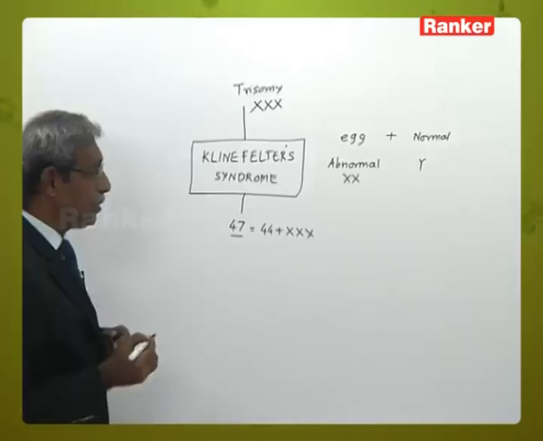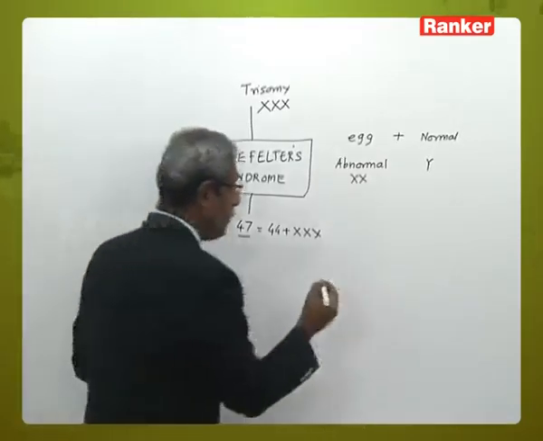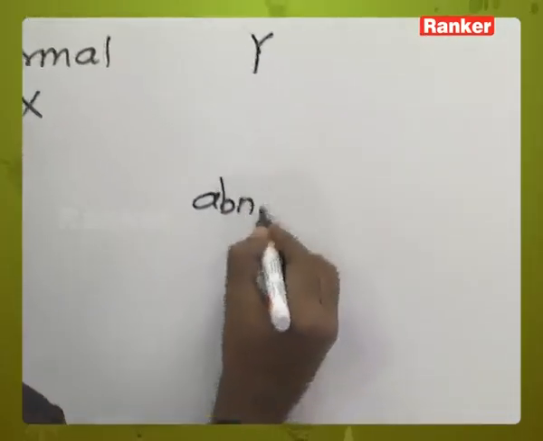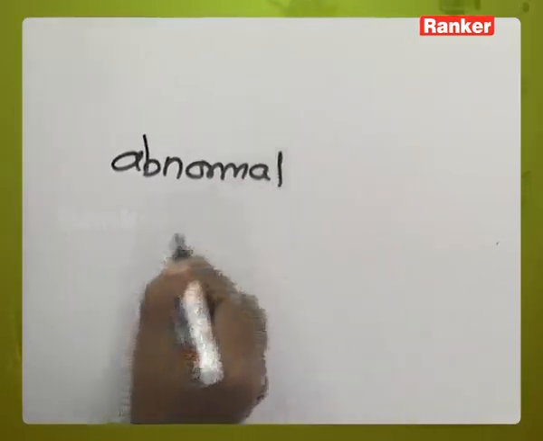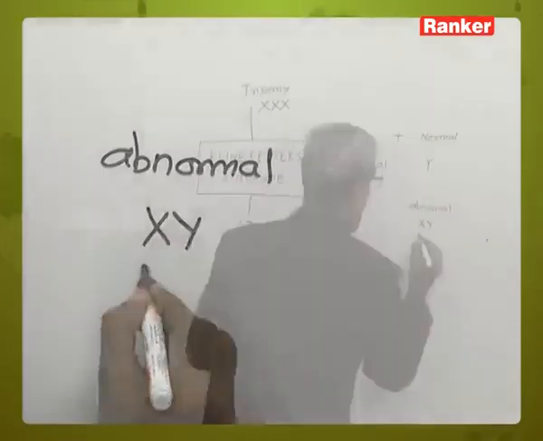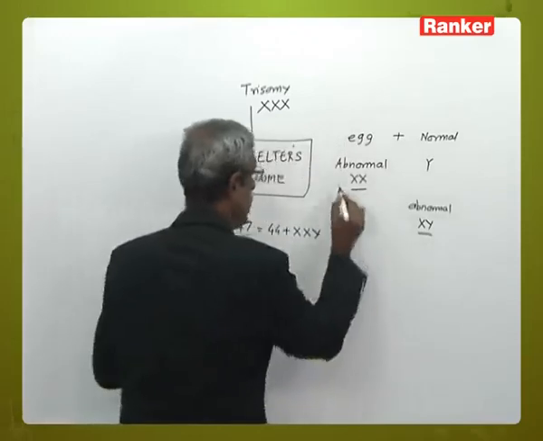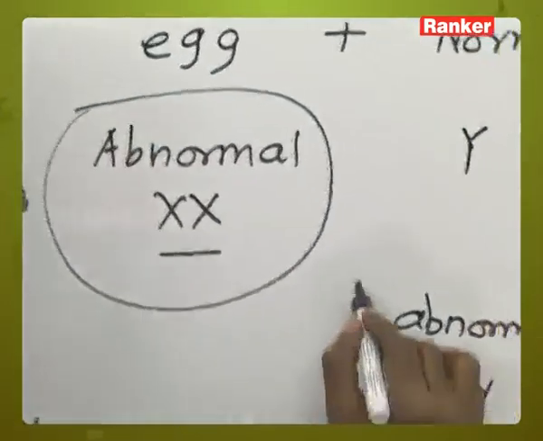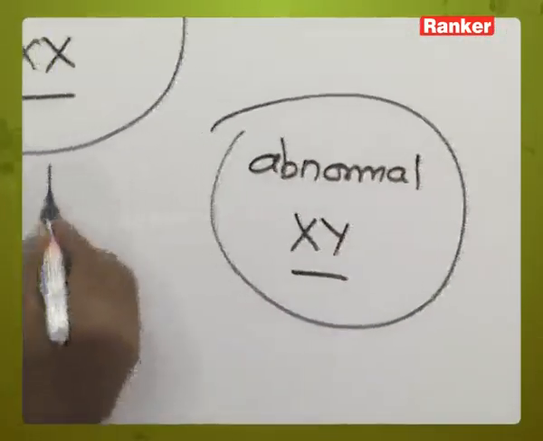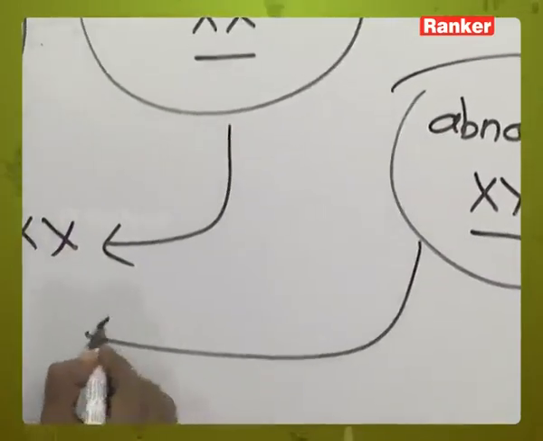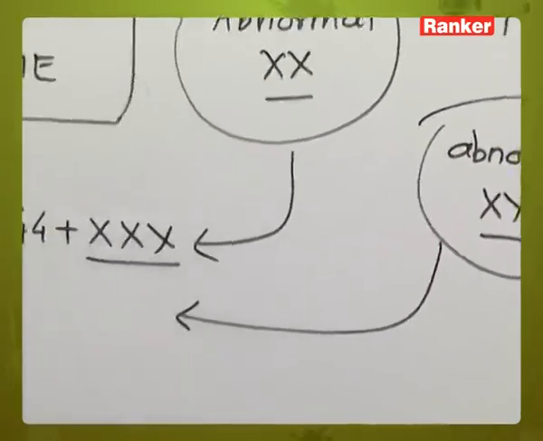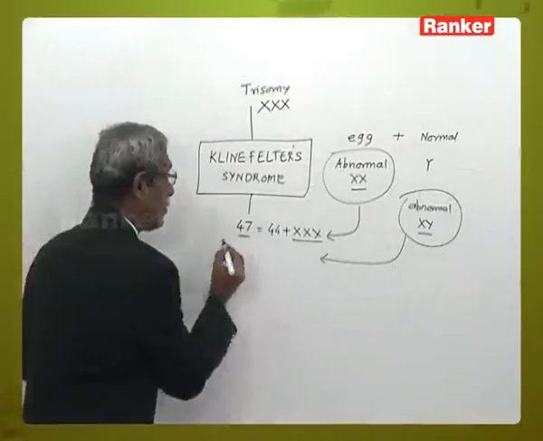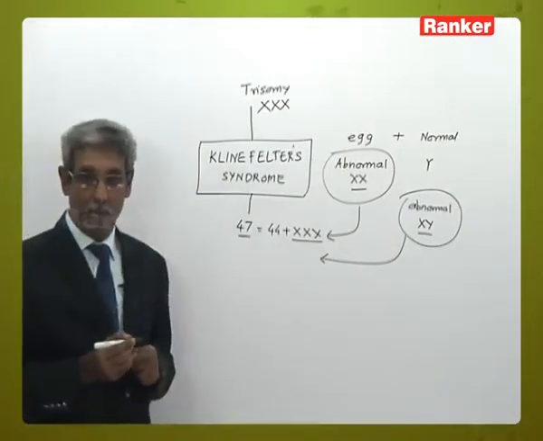The second situation could be if there is an abnormal Y chromosome, when it could be XY. So a situation of an abnormal XX or an abnormal XY, both of these can lead to an increase in chromosomes with XX and Y, which forms 47 chromosomes in the case of Klinefelter syndrome.